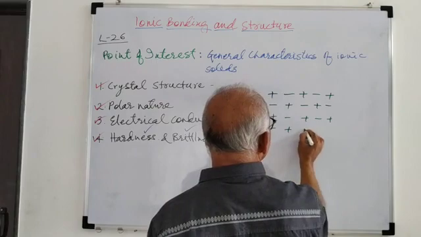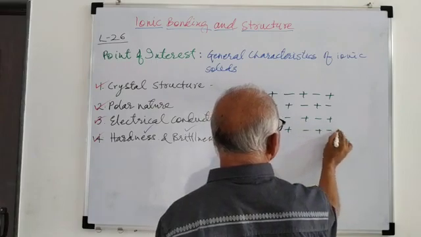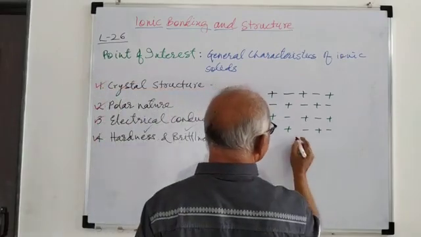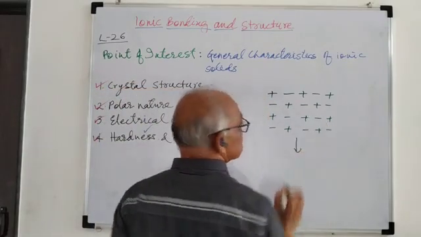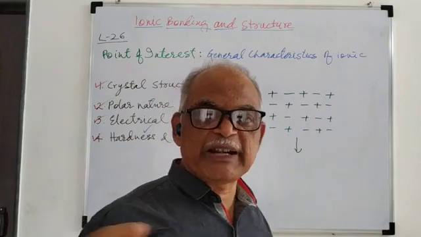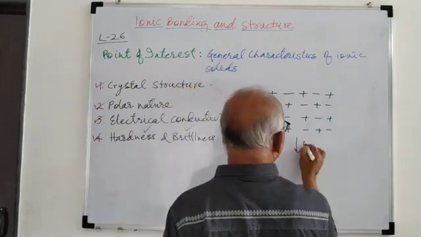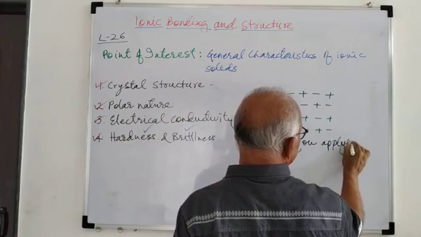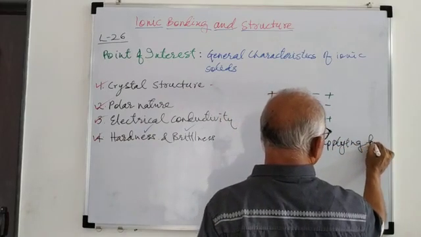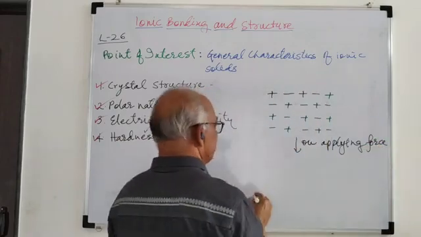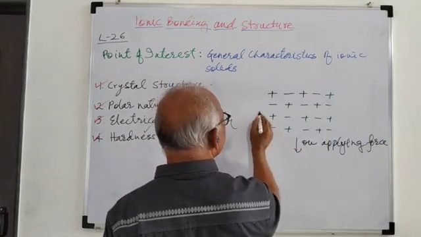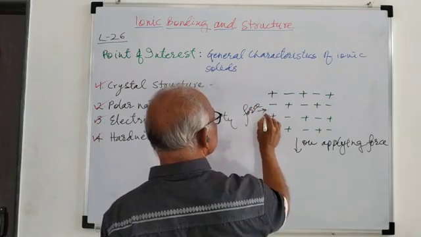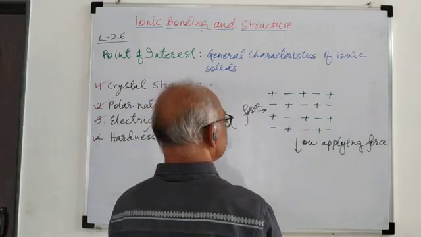You can find a structure like this before applying any pressure or force. On applying force, it breaks. Say we apply the force at this center. Force is applied here. Then what happens?